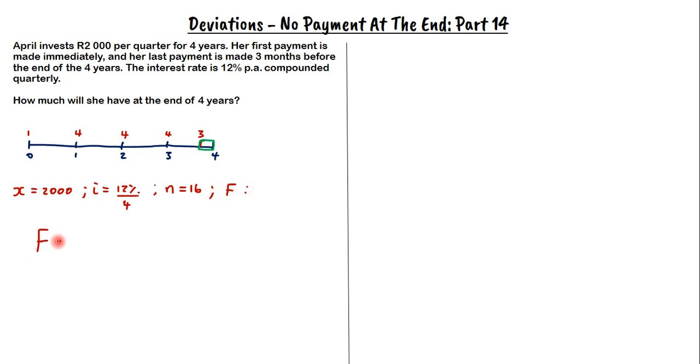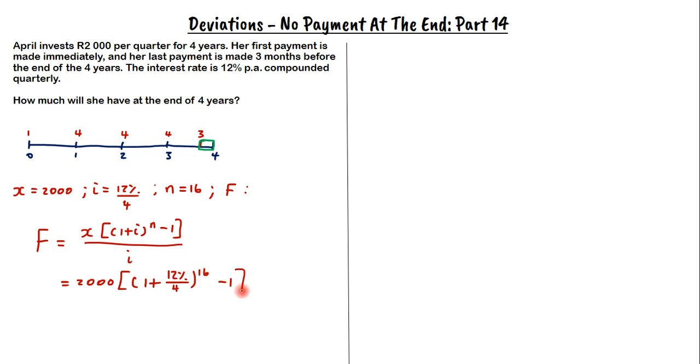So the future value is x into (1 plus i) to the power of n, minus 1, all over i. Substituting this, we have 2,000 into (1 plus 12% over 4) to the power of 16, minus 1, and then we divide all of this by 12% over 4. Now let's see how much we get here.